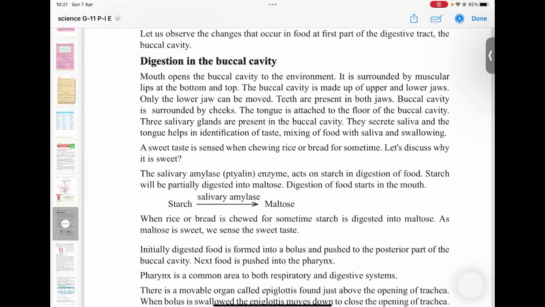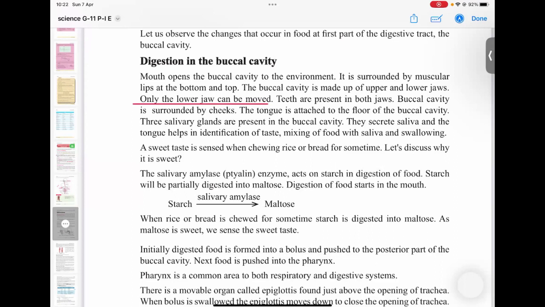It's somewhat special. Okay, so they can ask you this in the MCQ. They can put a sentence and ask you to identify which is the correct statement. So you should know. Teeth are present in both the jaws, and our buccal cavity is surrounded by cheeks.